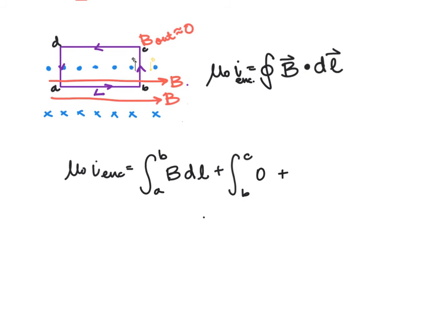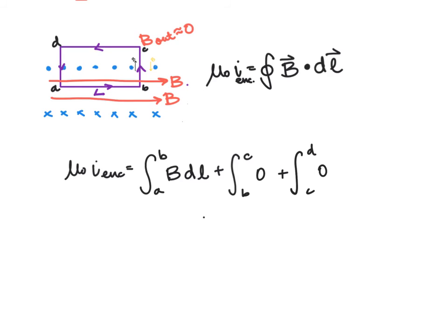Then I'm going to add to it the integral of C to D. And again, we have assumed that the magnetic field outside is so small compared to what's inside because of all the contribution, the superposition of the magnetic field due to the coils there.